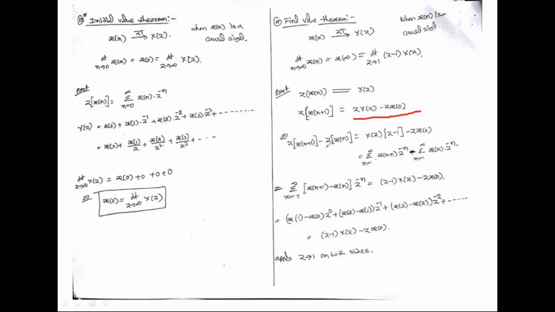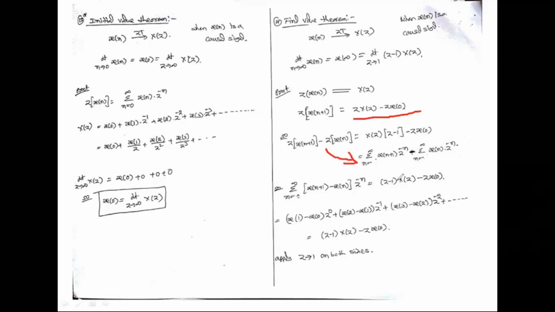And see the minus z x of 0, and already these are multiplied with x of z with the z minus 1, and that is equal to the sum of n equal to minus infinity x of n z power minus n, which is the z transformation, and these also the sum of n equal to minus infinity x of n z power minus n, the definition of the z transformation.